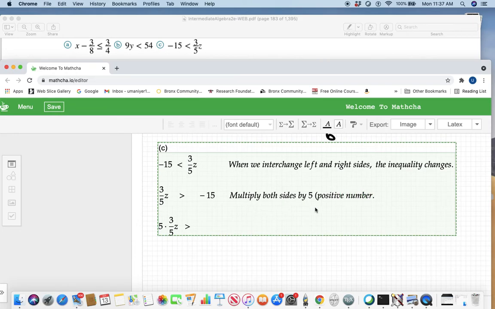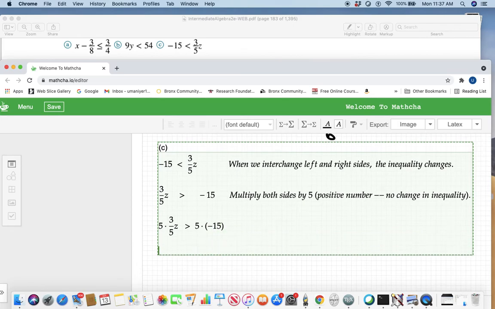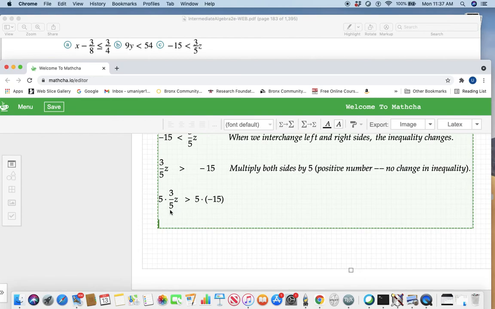Multiplying and dividing by a positive number does not change the inequality. So the greater than continues to be greater than. 5 times negative 15. The 5 reduces the 5.